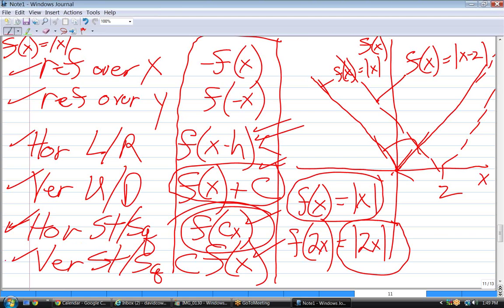If I look at the sixth one, the vertical stretch or squeeze, I'll get to what they each mean in a moment, but if I'm looking for something in this format, I would be looking at 2 times the absolute value of x. Notice that if somebody gives you this, that you know is 2 times f of x, not f of 2x.